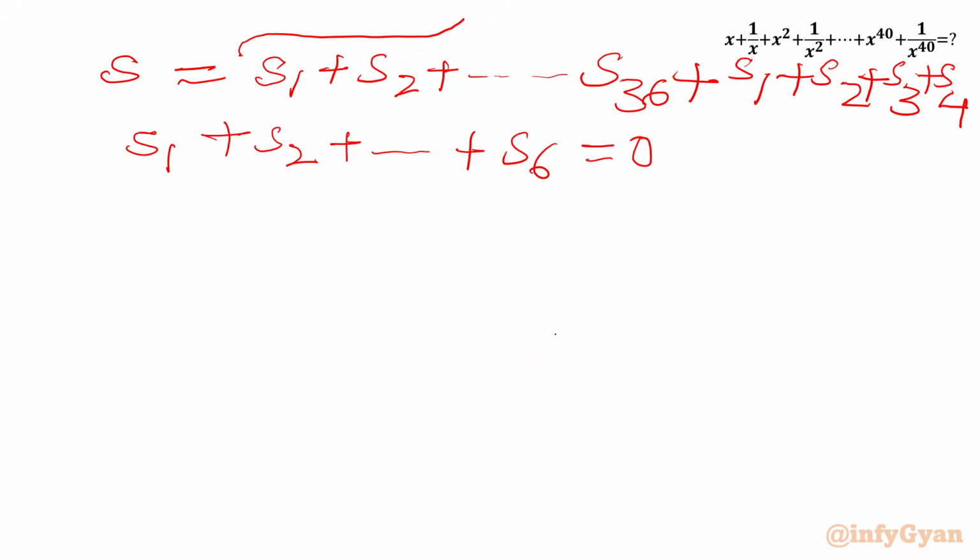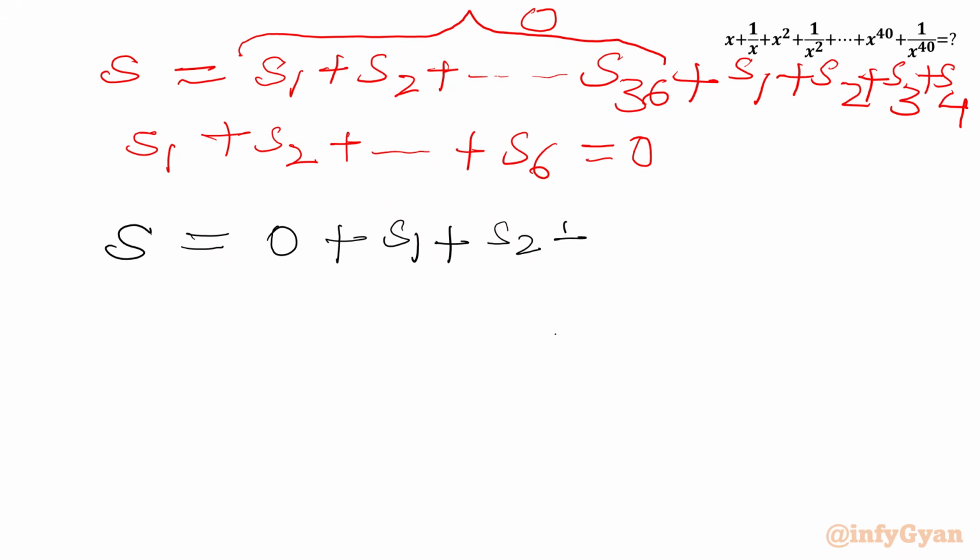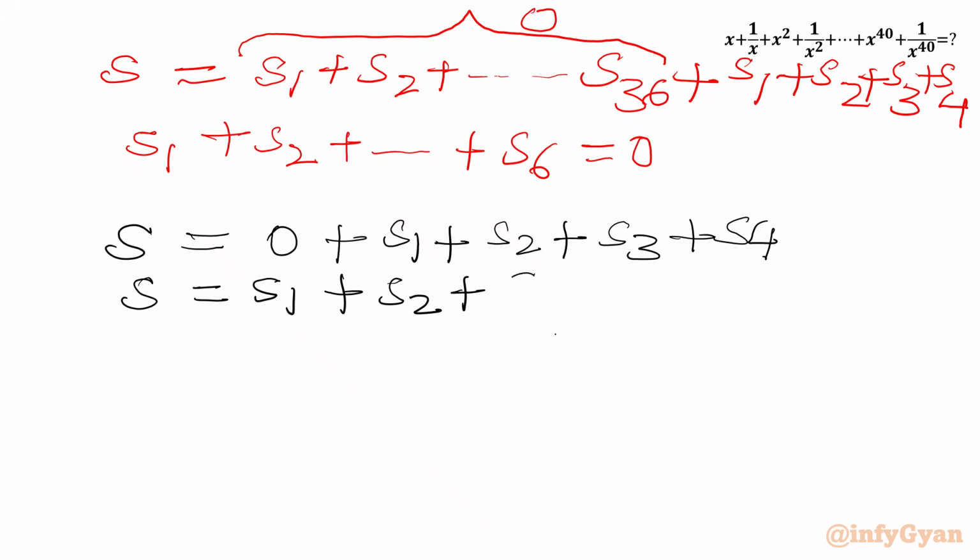So S1 up to S36 will be equal to 0. So we have to only sum S1, S2, S3, S4. So I will write S equal to 0 plus S1 plus S2 plus S3 plus S4, which will be equal to S1 plus S2 plus S3 plus S4.